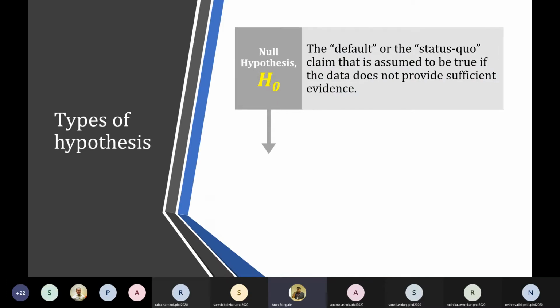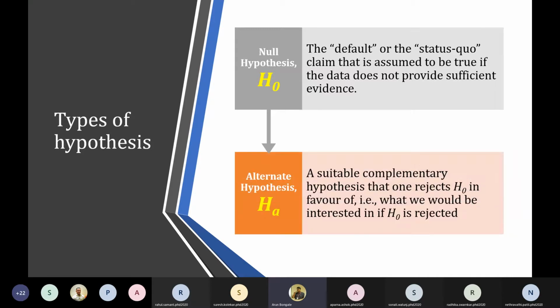The first one is called the null hypothesis, H0. It is the default or the status quo claim that is assumed to be true if the data does not provide sufficient evidence, right? And complementary to that, we have the alternate hypothesis, HA, a suitable complementary hypothesis.